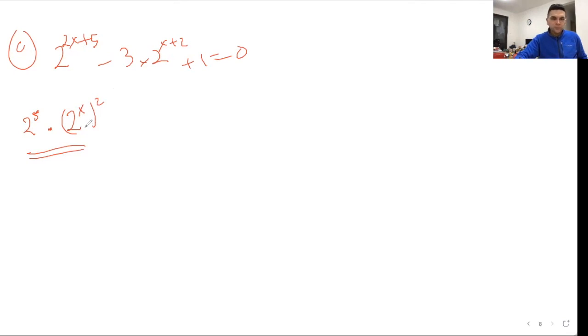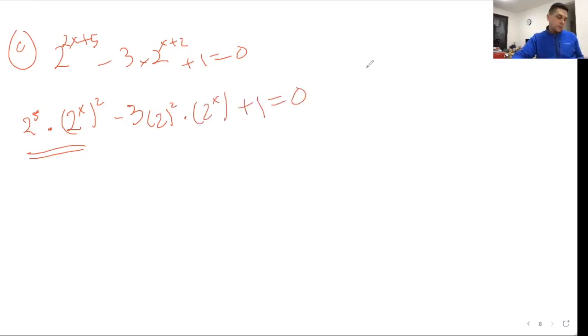So this will be 2 to the 2x plus 5. And then for this one, we got negative 3 times 2 squared times 2 to the x plus 1 equals 0.